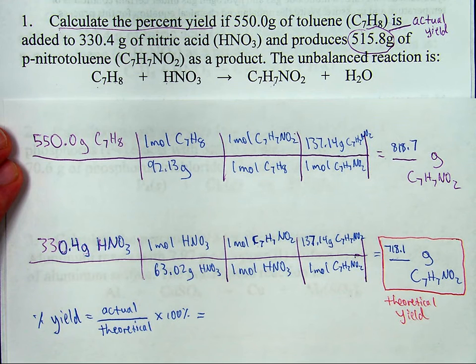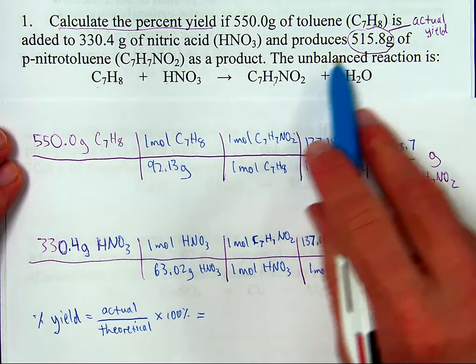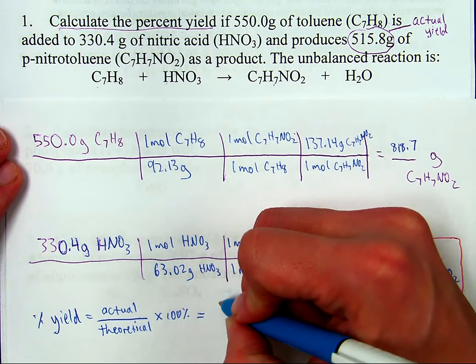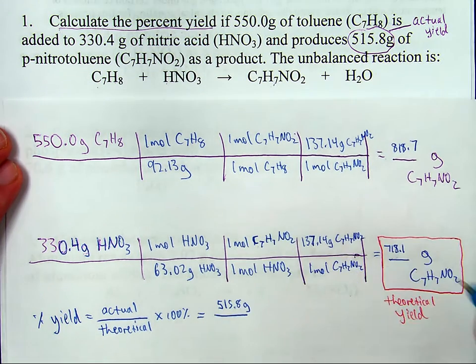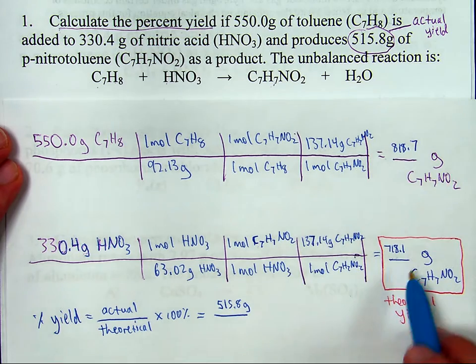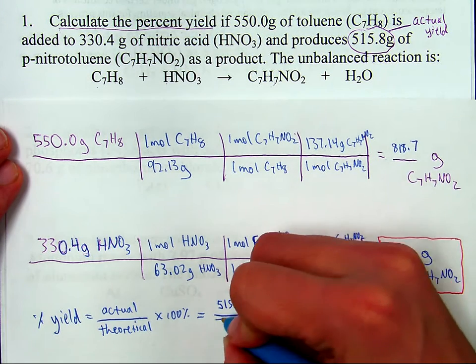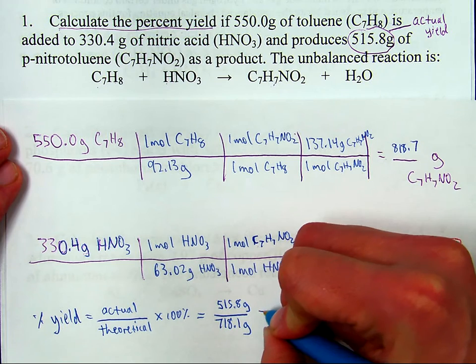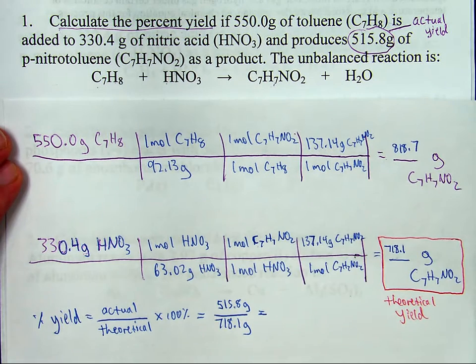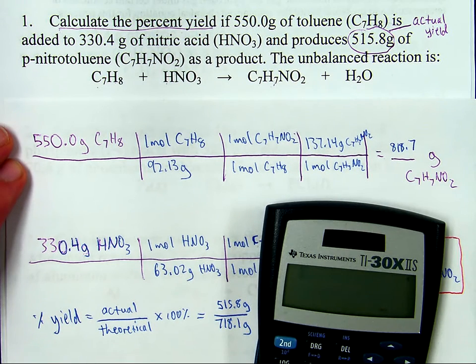So the percent yield here is going to be your actual yield of, according to this, 515.8 grams, divided by our theoretical yield, which is the smaller of these two calculated numbers, 718.1 grams. And when you run that on the calculator, I'll show you.